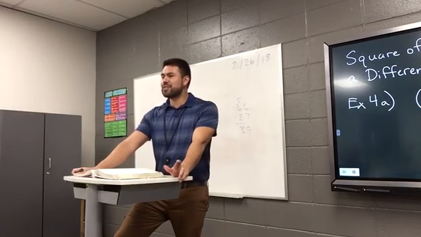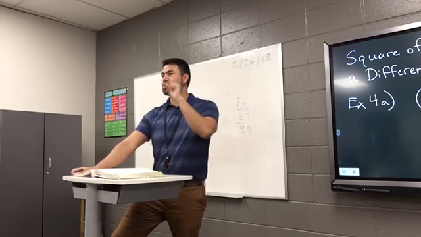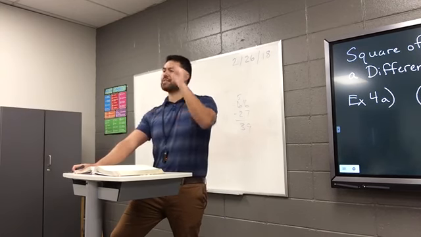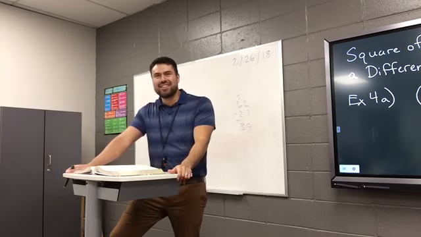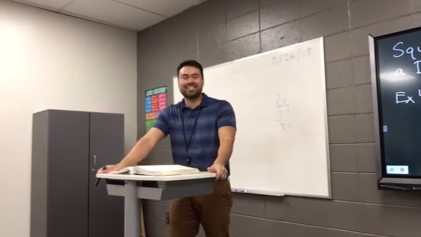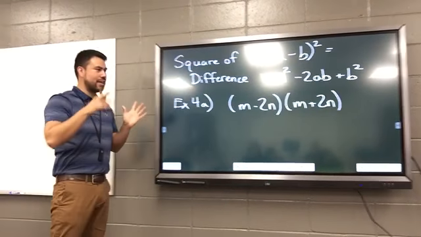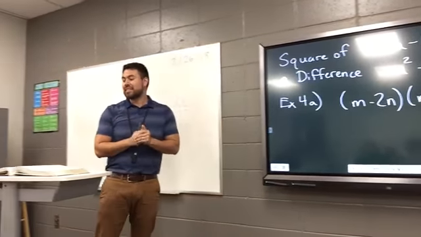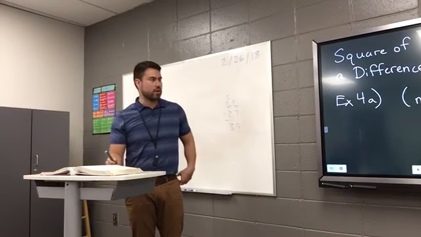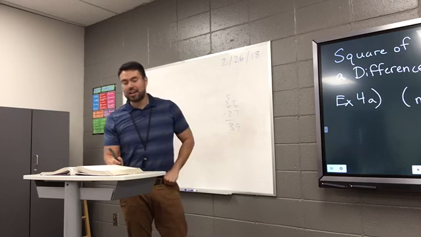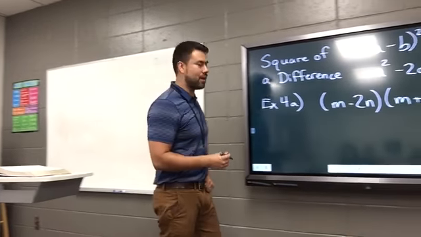Is this a square of a difference or square of a sum? It's neither. Because there's a difference and a sum, but you're not squaring anything here. So we call it a difference of squares. Okay, and you're like, what? Can we work it out with FOIL here, and then we'll see the pattern hopefully.